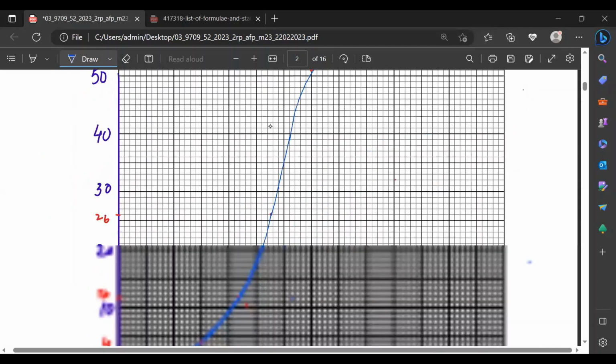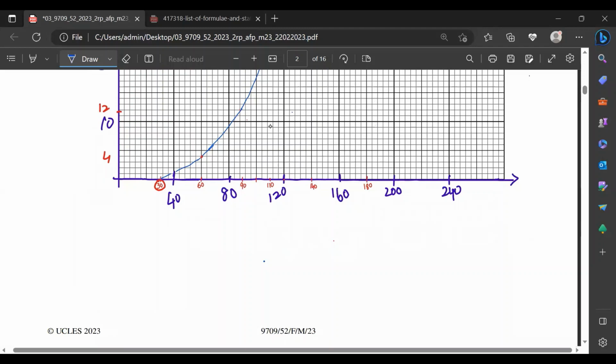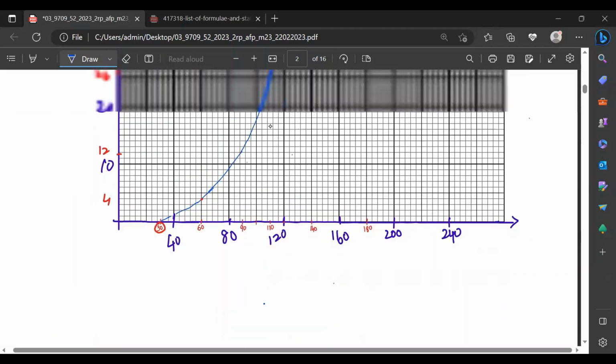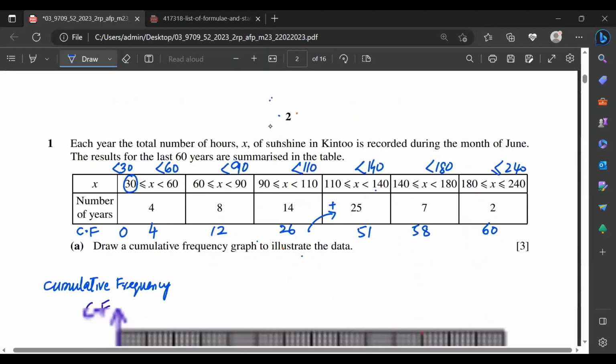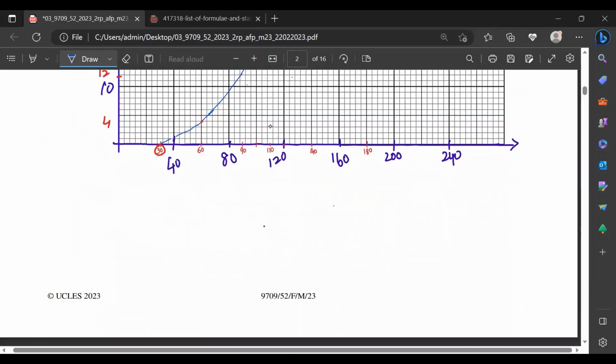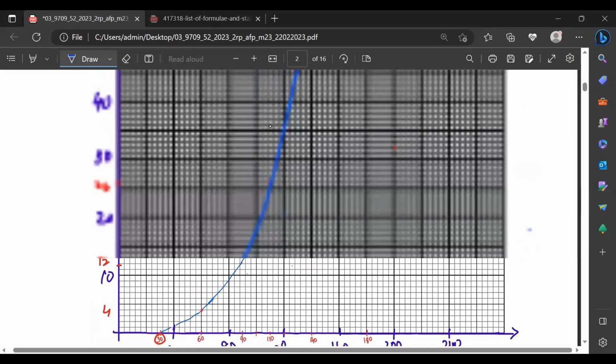And on the horizontal axis, take the time, the total number of hours.